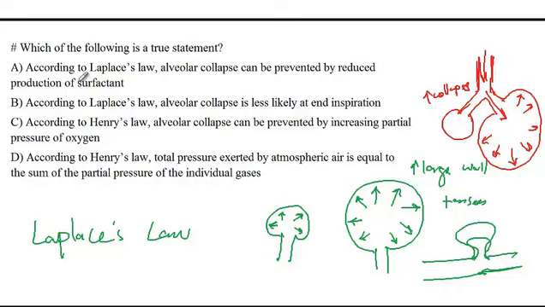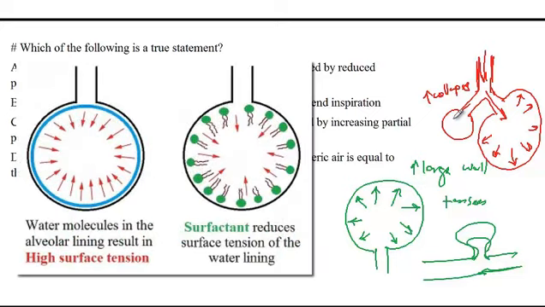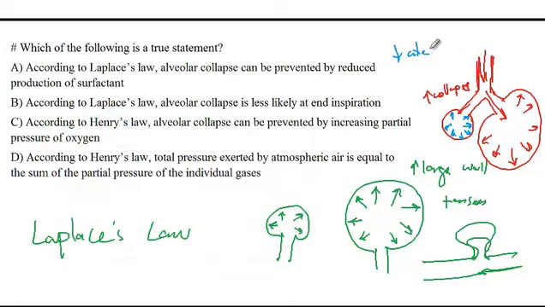According to Laplace law, alveolar collapse can be prevented by reduced production of surfactant. Well, surfactant is kind of like a phospholipid and protein that will keep pushing the walls outside. And so it reduces the chance of atelectasis, or in other words, the collapse of alveoli, by decreasing surface tension.